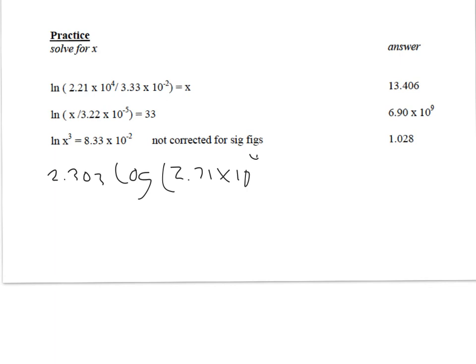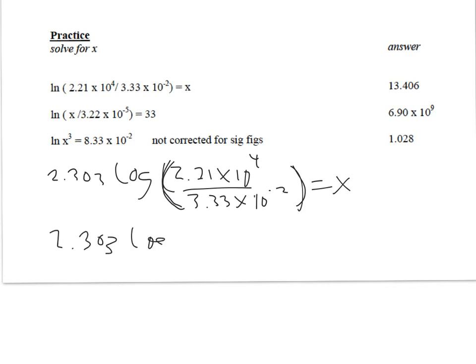divided by 3.33 times 10 to the minus 2 equals x. Make sure that you get the same answer for x if you set it up that way. 2.303 base 10 logarithm of x over 3.22 times 10 to the minus 5 equals 33.